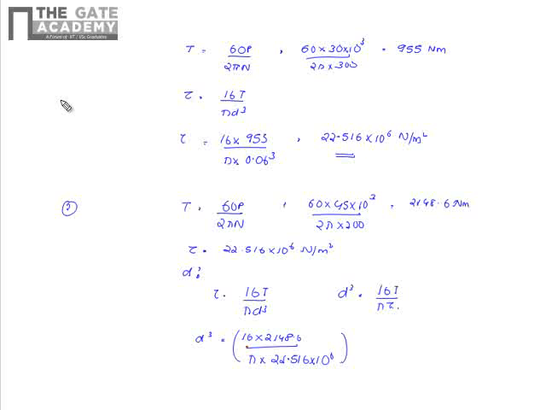The cube root of the answer is equal to 4.8586 into 10 raised to minus 4 meter cube. Therefore d will be equal to 78 mm, which will be close to 80 mm.